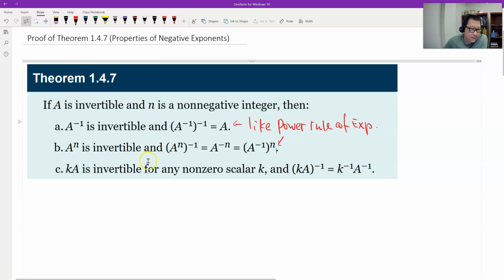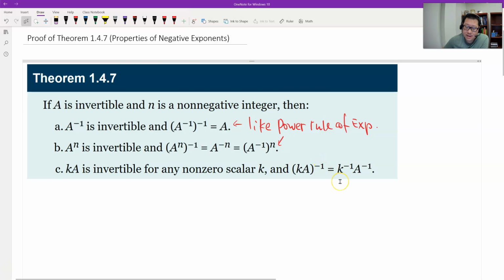The last one: k times A, the scalar multiplication, is also invertible if k is not zero. So what is the inverse? It says the inverse is this one.